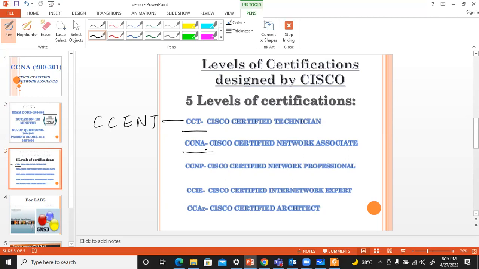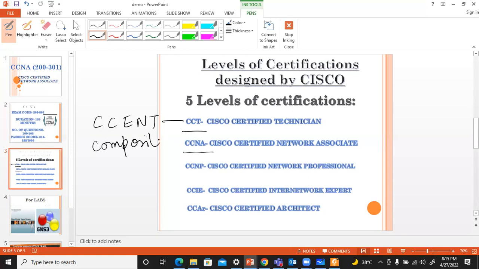Then next is CCNA, Cisco Certified Network Associate. Now, what's the change in CCNA here? Earlier there used to be 8 different tracks where you could opt for CCNA and take the exam and become CCNA for that particular track. But now they have combined it into one and made a composite CCNA.